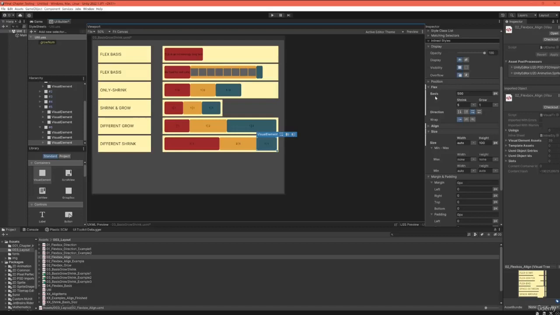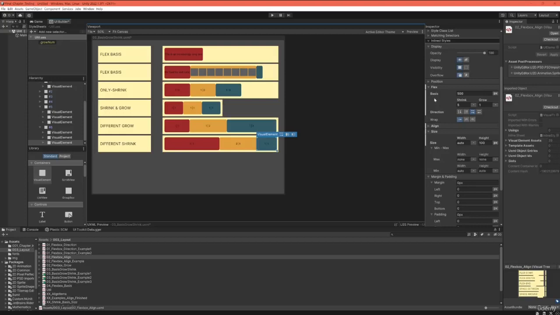And if they don't have enough space, that's when the second thing kicks in, which is that flex basis sets the basis for how to distribute available space. And to distribute this space, we look at grow, or we look at shrink when we already didn't have enough space. And that's basically it.